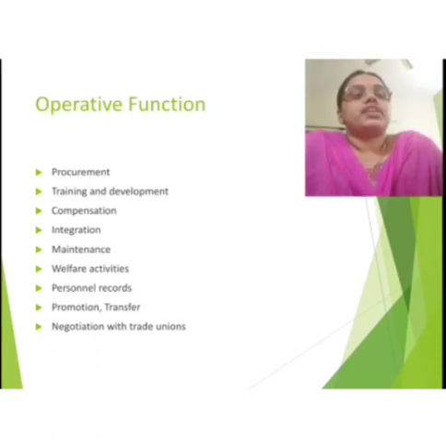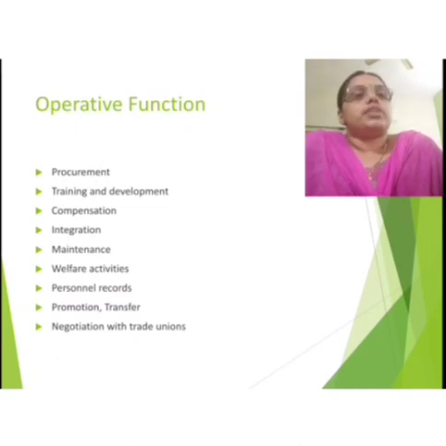After managerial function, the second function is operative functions. The operative or service function of HRM is done by the personnel department. The operative functions include procurement, development, compensation, integration and maintenance of employees.